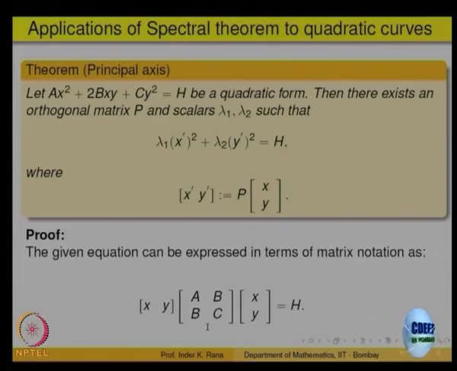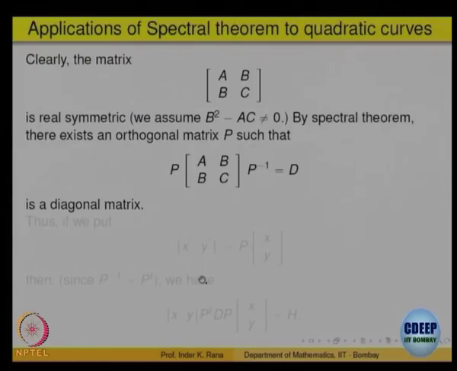So, I will have a matrix P such that P A P inverse is diagonal, and if I put that value here, you will see the new variables coming. Of course, we are assuming that b² − ac is not equal to 0 in the original one, then P A P inverse is equal to D, a diagonal matrix.